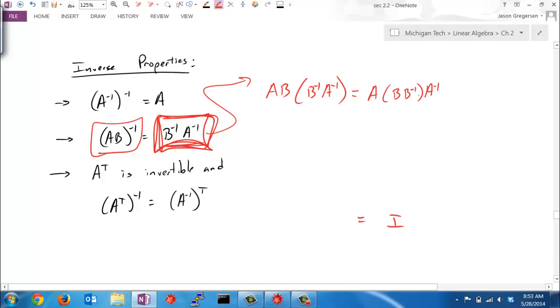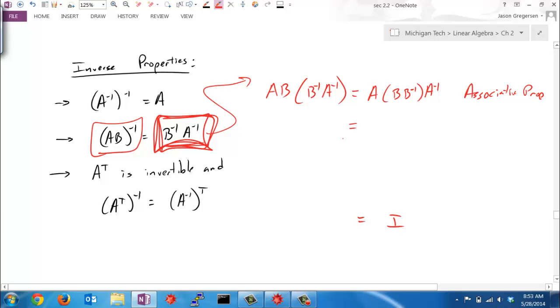So what is the justification for that step? There's a property that tells me those two things are equal. I can just move the parentheses around. Associative property. So I can do that because of the associative property of matrix multiplication.